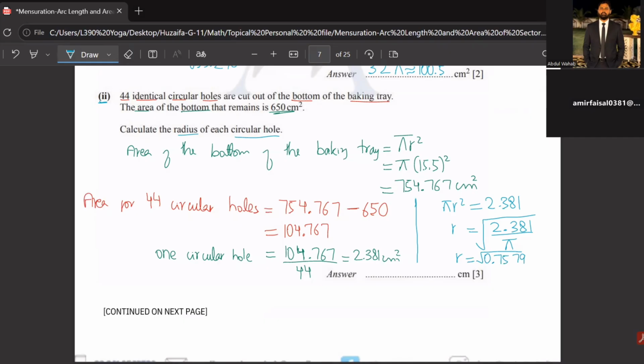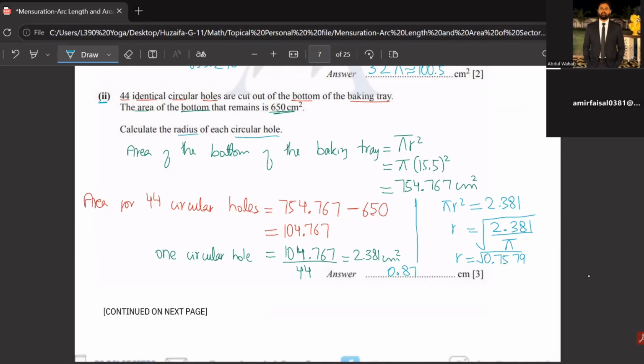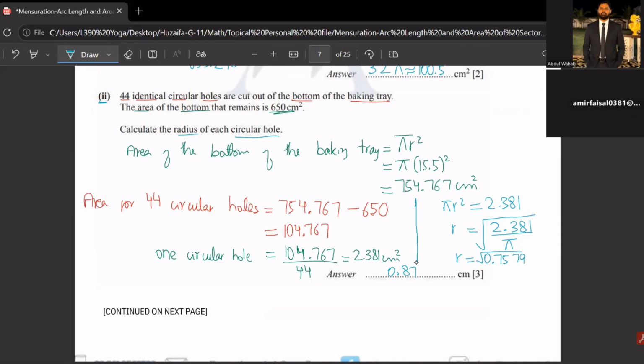So it's 0.8705, so your answer is 0.8705.